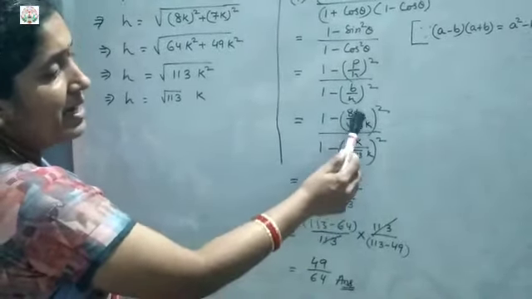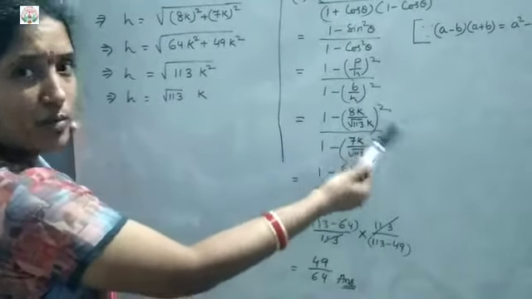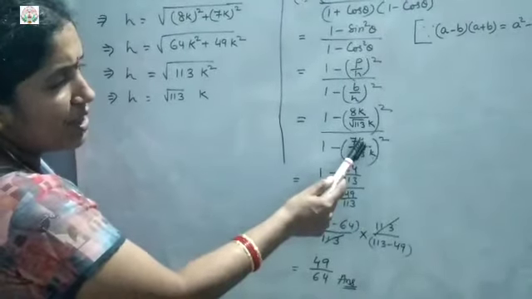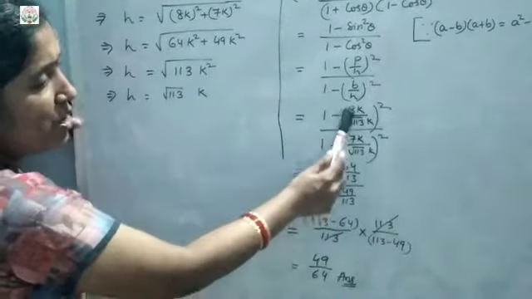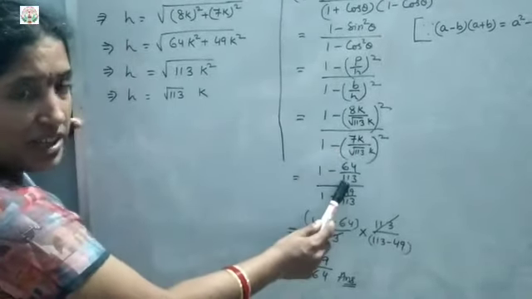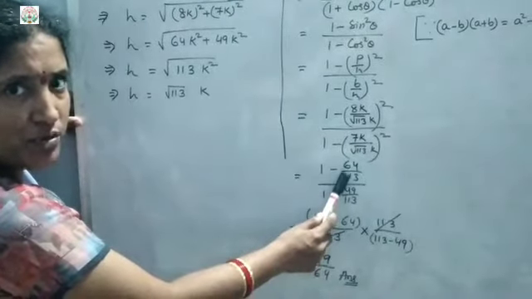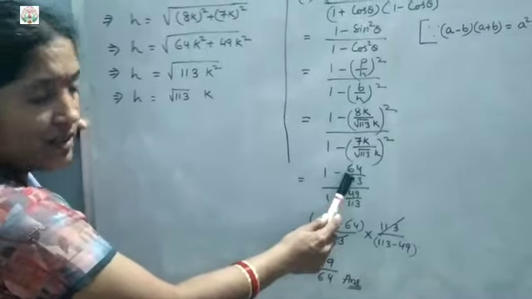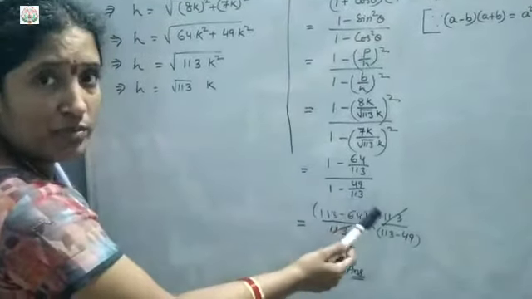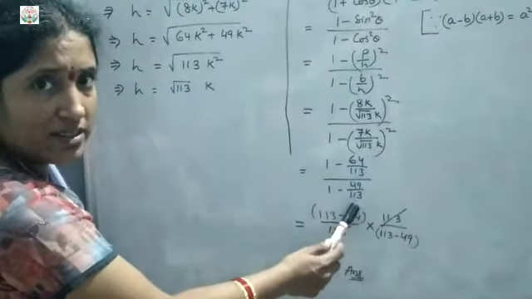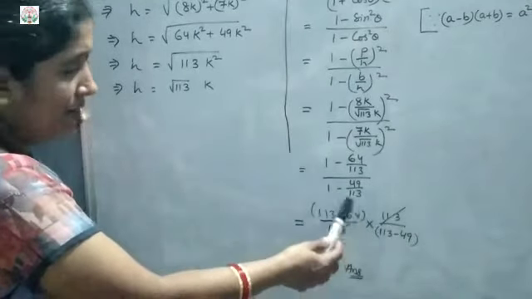And K in numerator and denominator will be cancelled off. Same way here also the square root of 113 will be removed, and only 113 will be there because we are squaring it.